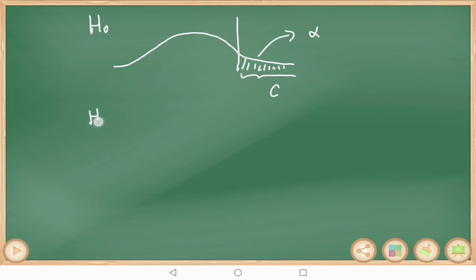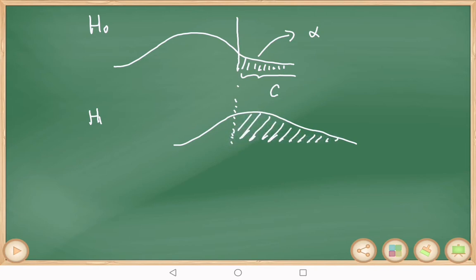Now, if the alternative is true, then the distribution of the test statistic would be something else, say something like this, okay? So if this is our critical region, we will reject H naught when we get values in the critical region, which is this part.